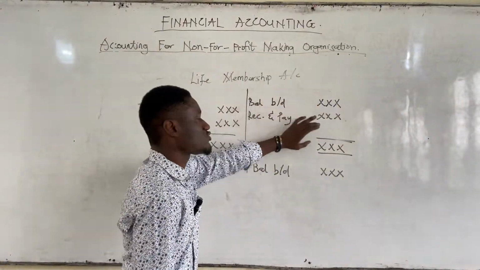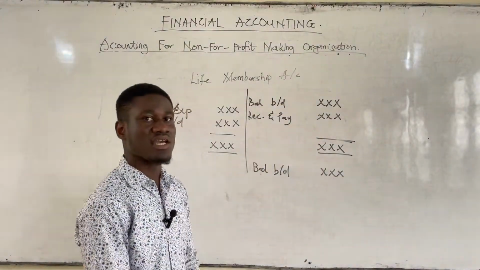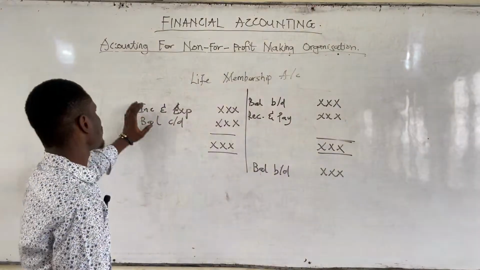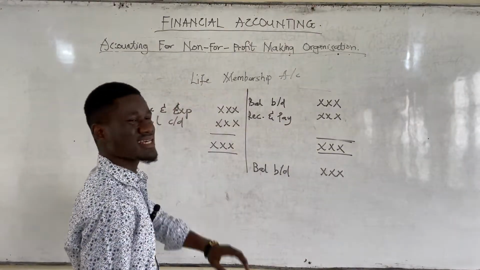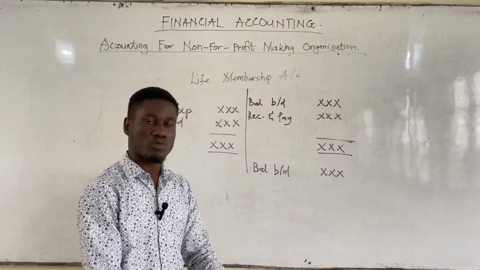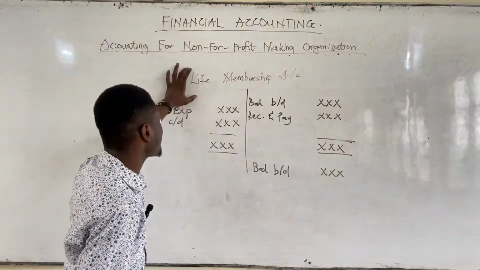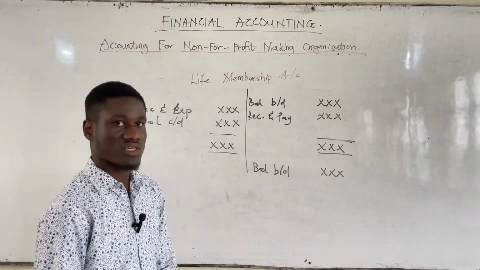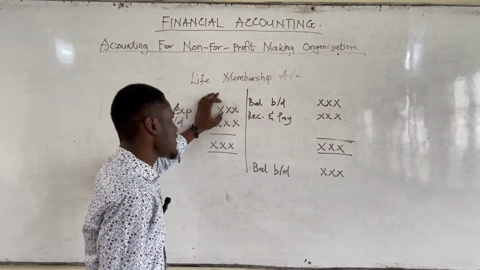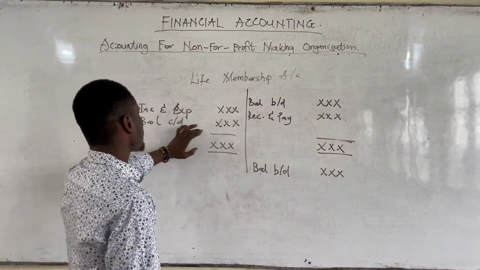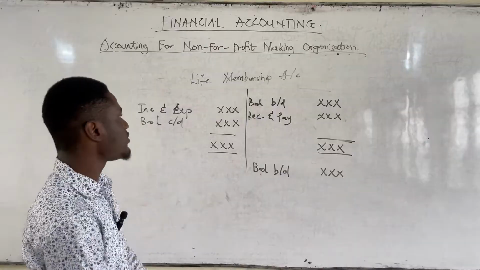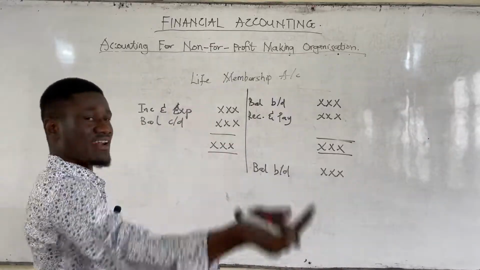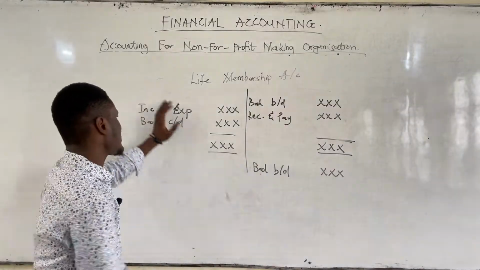We are just going to record every amount that we get. Do you get it? Yes. So with this, income and expenditure is the amount the members are supposed to pay for life membership for the year in question. Do you get it? Good. Will be here. Then our balance CD is what we get for any prepaid in advance for the next year. Do you get it?